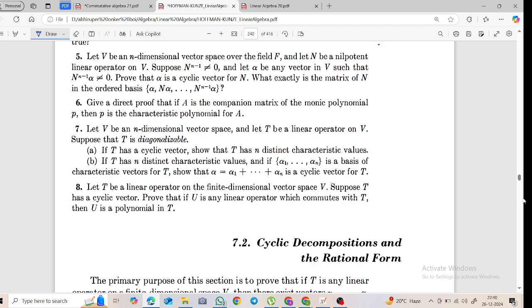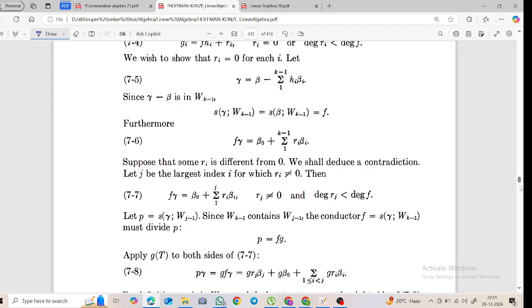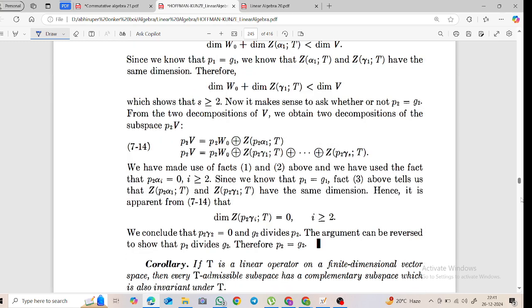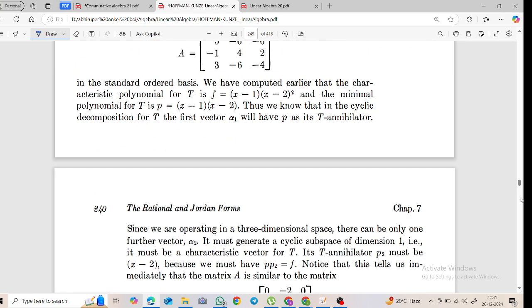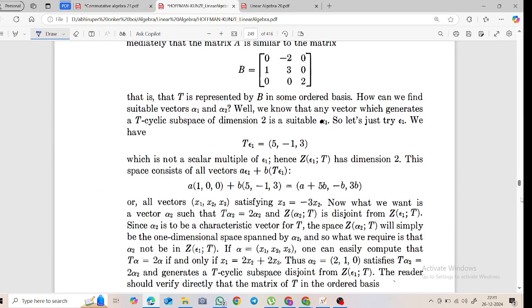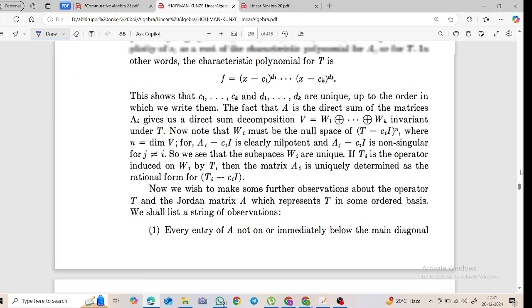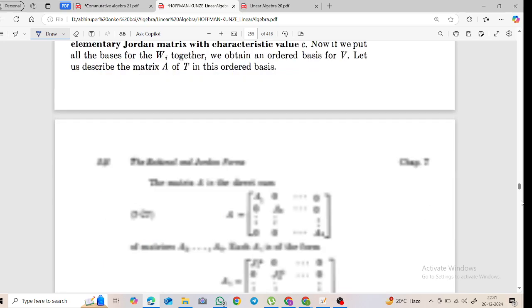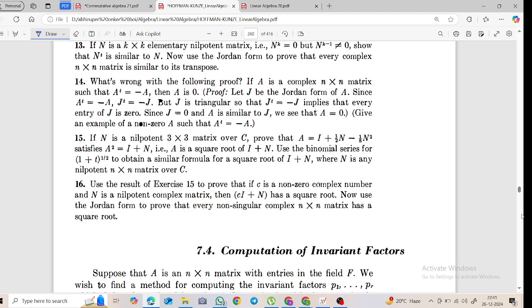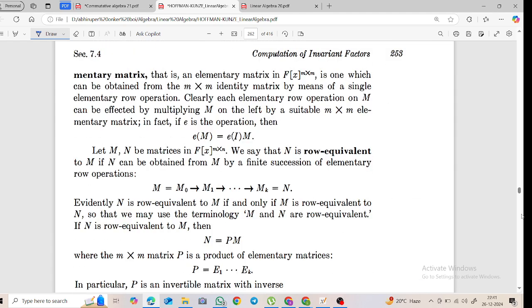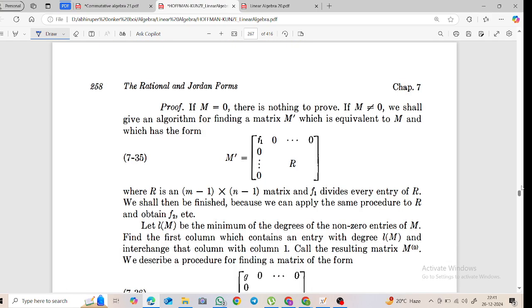Just let me check cyclic decomposition and rational form. This is 7.2.